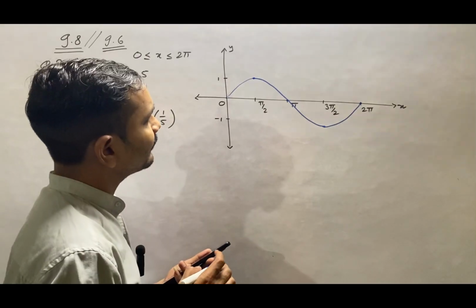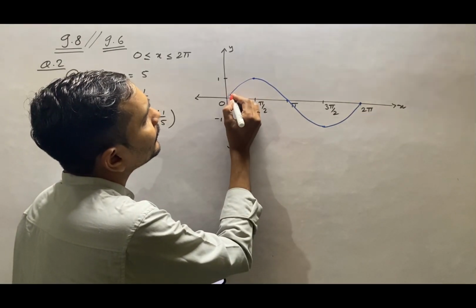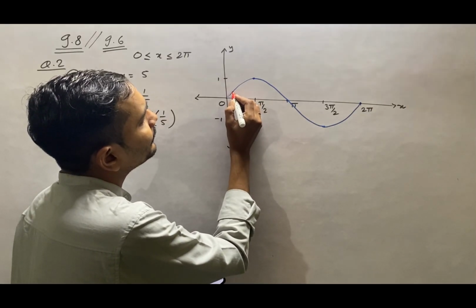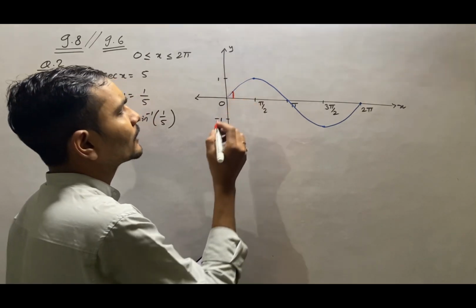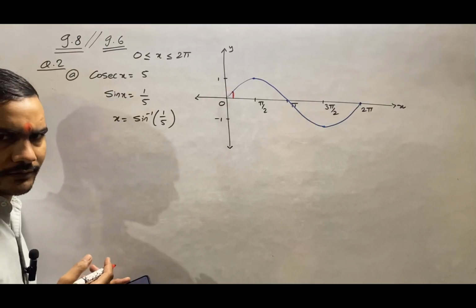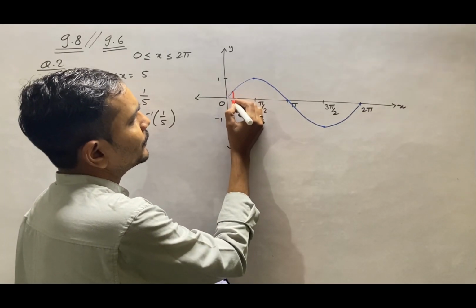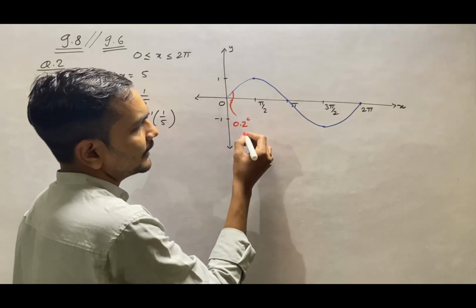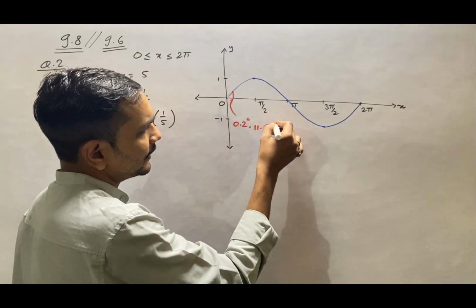Somewhere we will get 0.2 radian, something here. Basically 0.2 radian is 11.53 degrees. So this is the 0.2 radian, or in angle, 11.53 degrees.